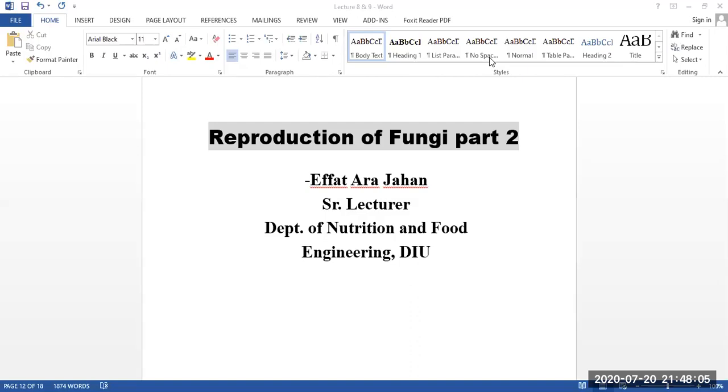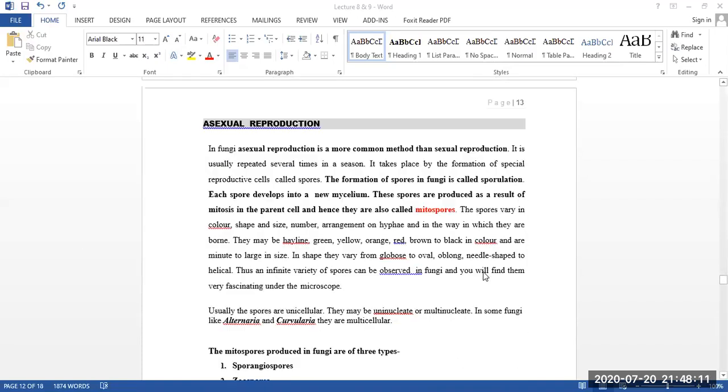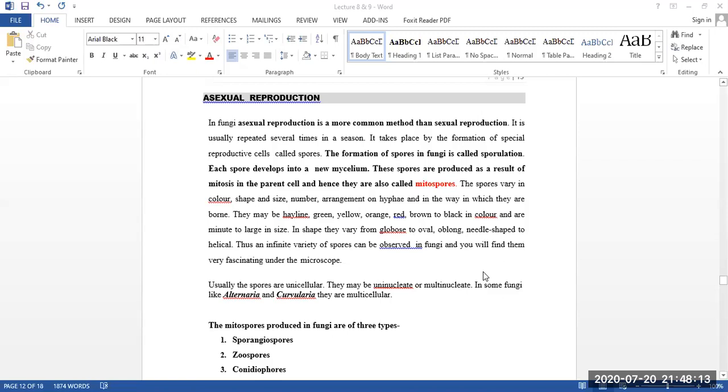So let's get started. First of all, our topic is asexual reproduction, which we already know. Again, I want to remind you that in fungus, asexual reproduction means the reproduction happens from one parent.